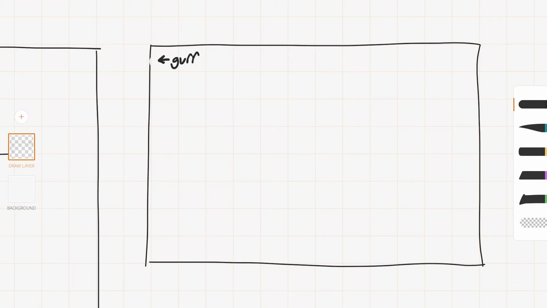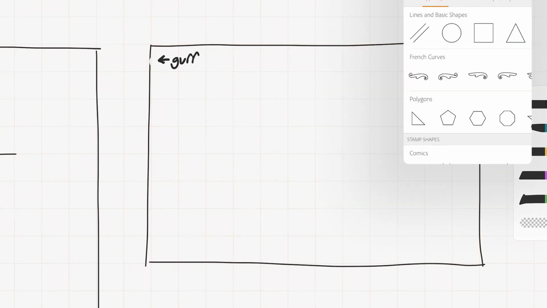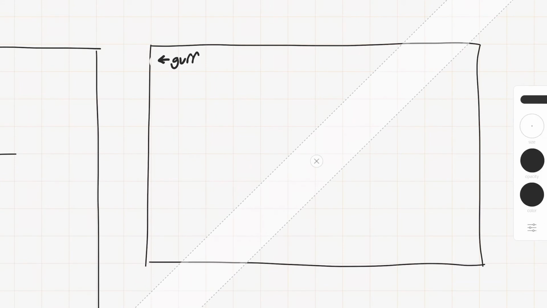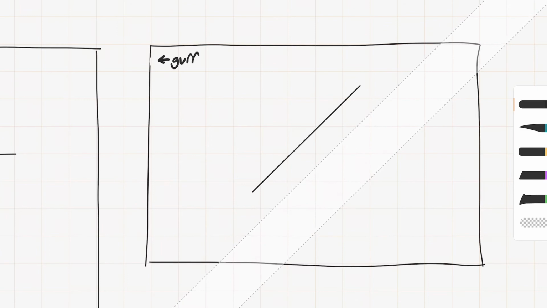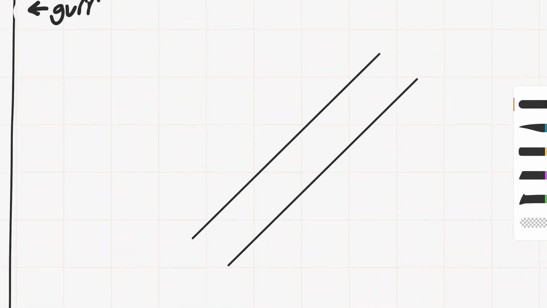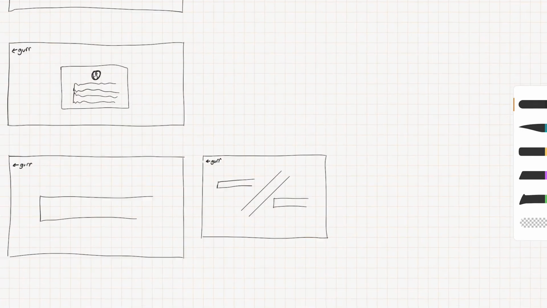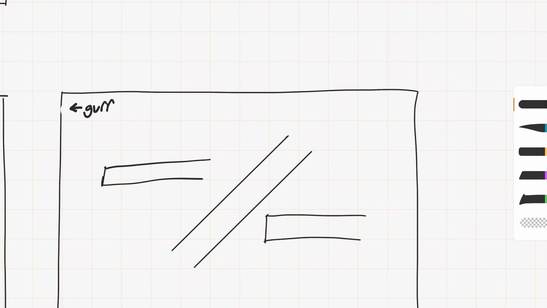Maybe we could, let's see, do we have any rulers here? Maybe we just do a couple of lines like this, with his email, and then maybe his phone number. Maybe do something a little like that. Maybe this could just be in the background.